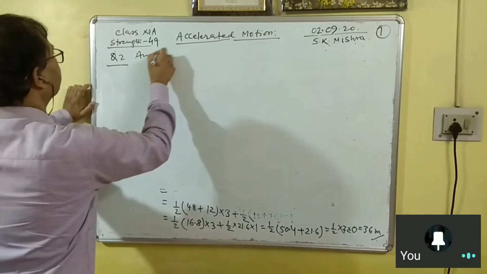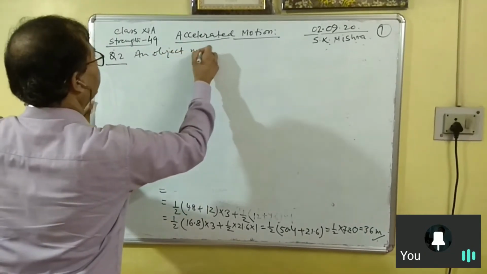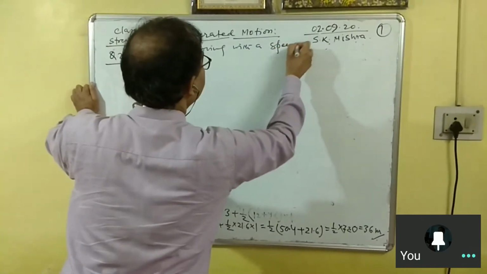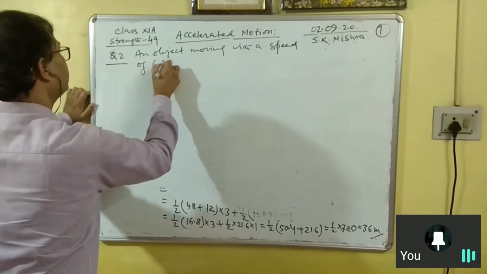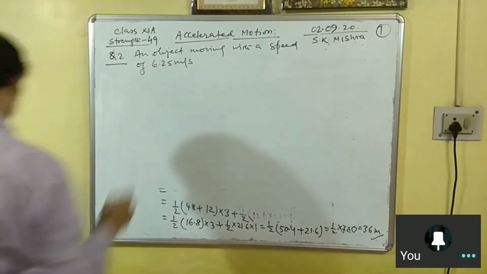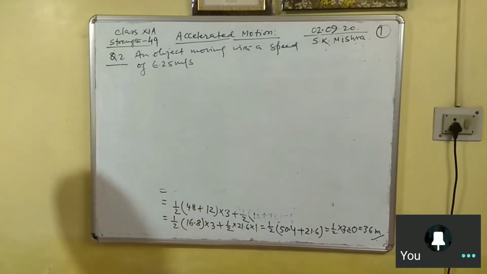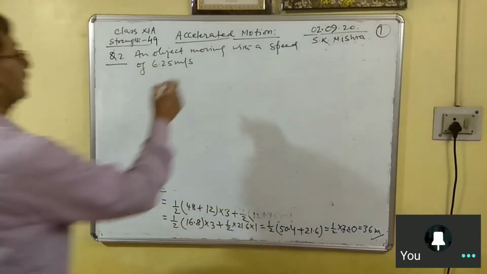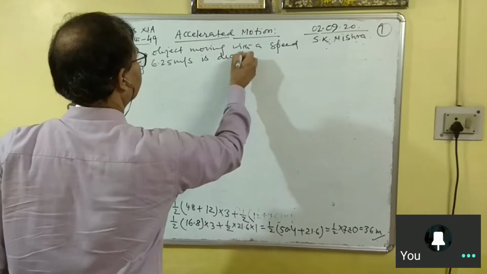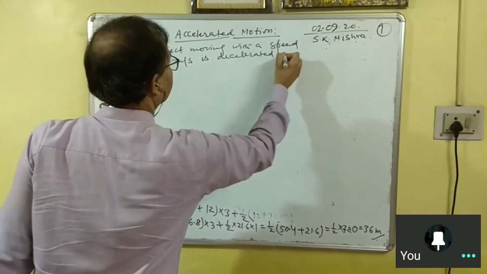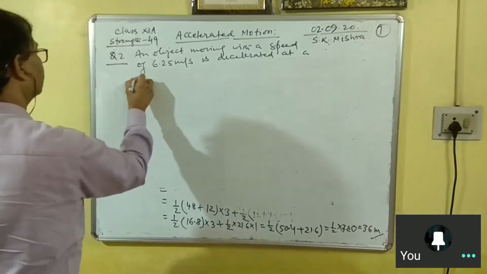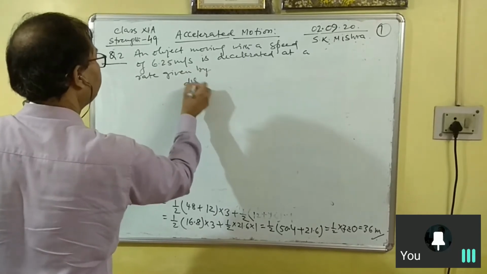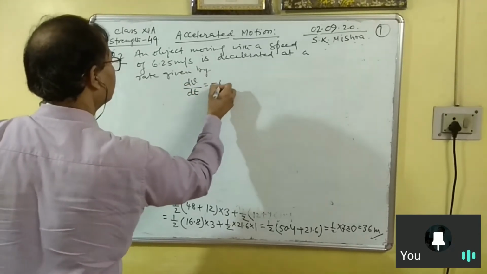An object moving with a speed of 6.25 meter per second is decelerated at a rate given by dv by dt is equal to minus k, some constant.